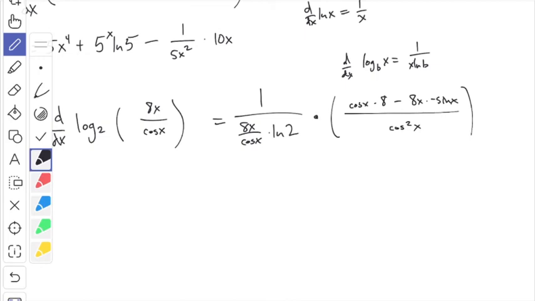Quotient rule is f times g prime minus g times f prime over g squared, right? If f is the top and g is the bottom, it's g times f prime minus f times g prime over g squared.